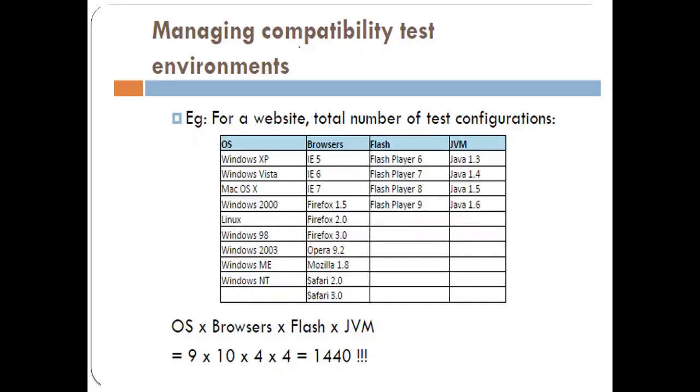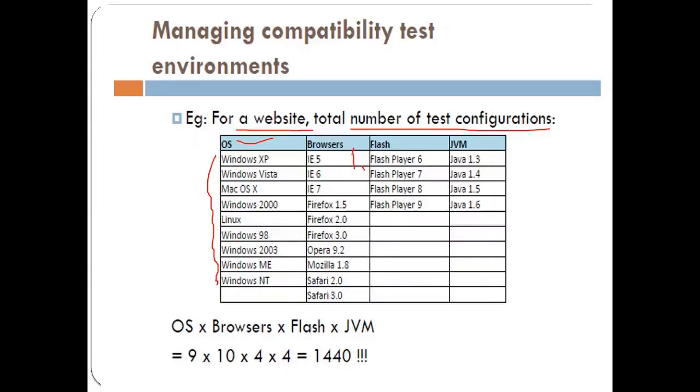See, for example, suppose you have developed a website and you need to test the website on various configurations. If you consider operating systems, there are so many available: Windows, Mac, Linux. To run your website you need an operating system and a browser.